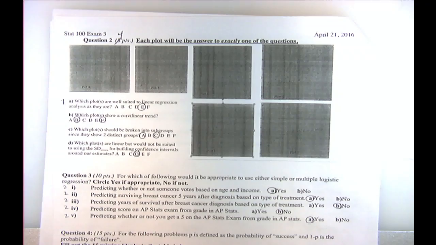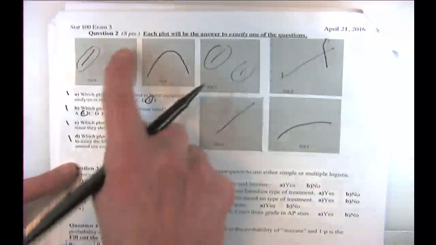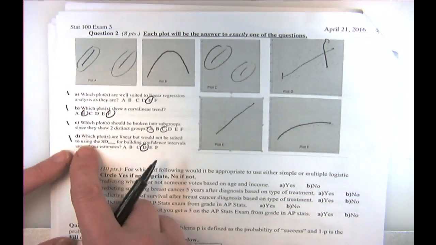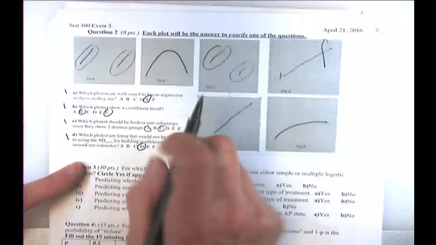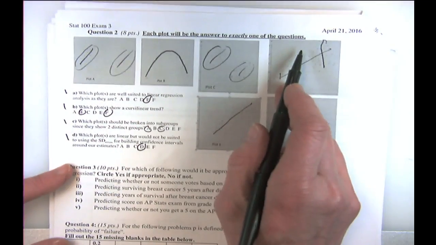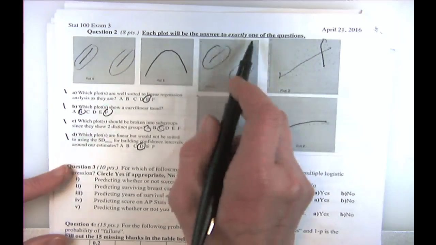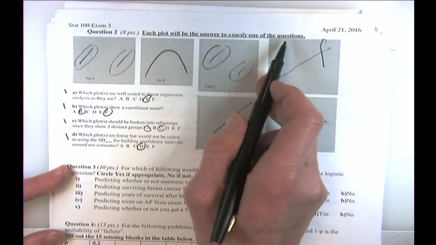Whoa, this looks terrible here. I had to darken this. Let me show you this. All right, so this question 2, this one right here, was only worth 1 point each instead of, I originally had it 2 points, just because so many people didn't understand these directions. It says each plot will be the answer to exactly one of the questions.